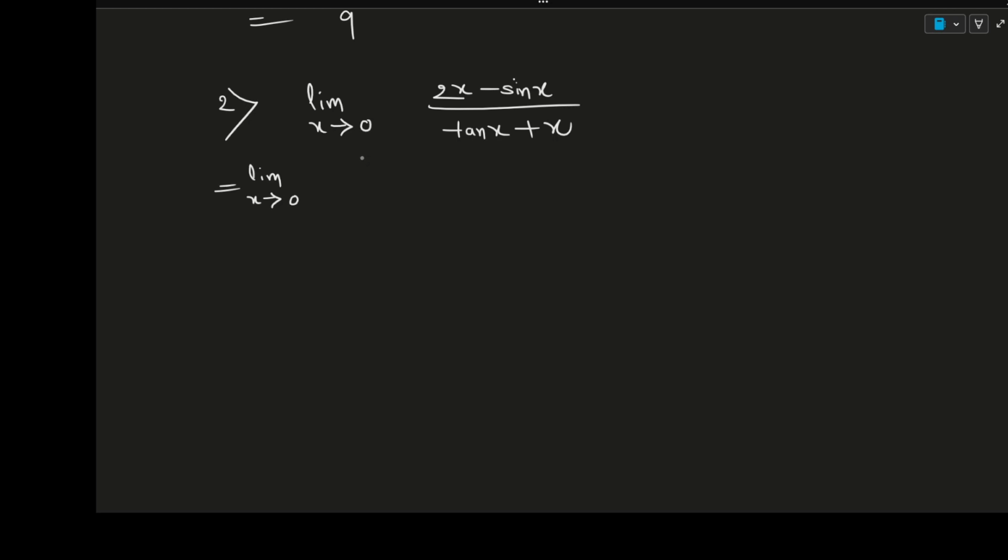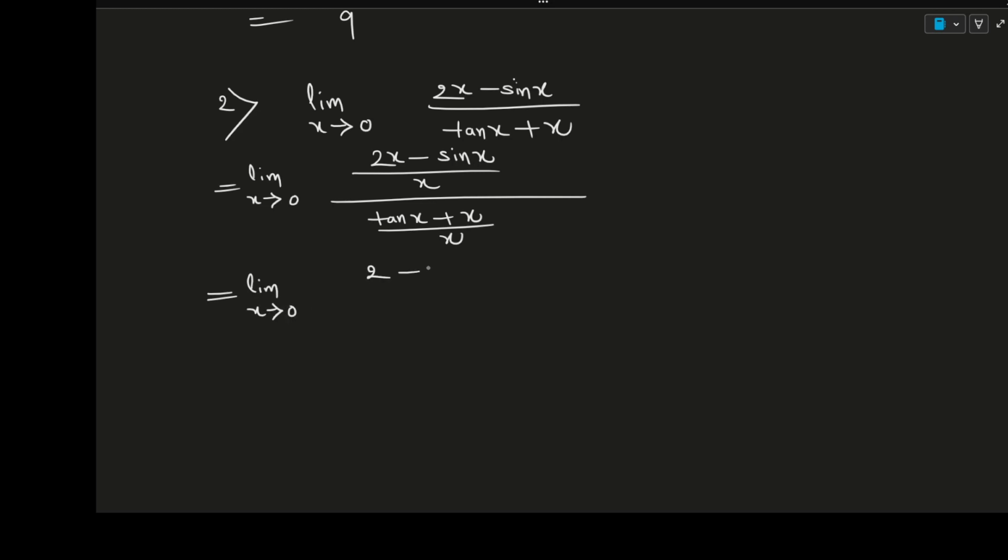So I will divide the numerator and denominator by x. Then it will be reduced to 2 minus sin x by x.